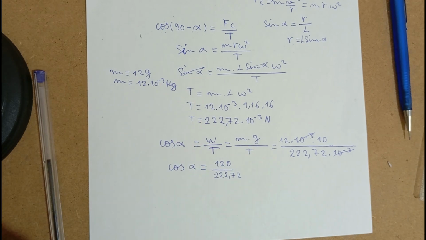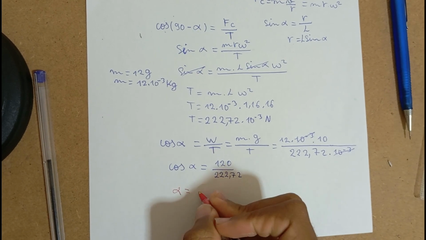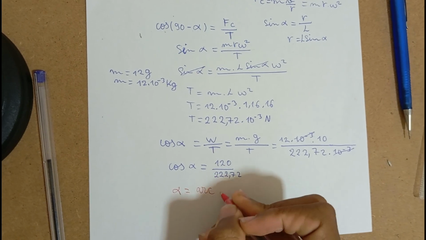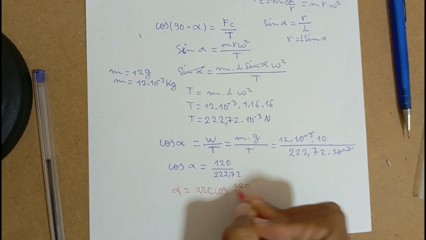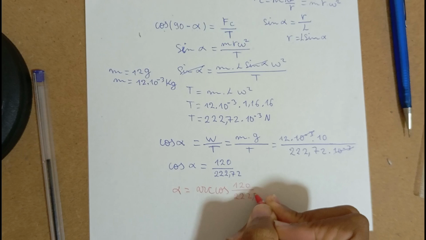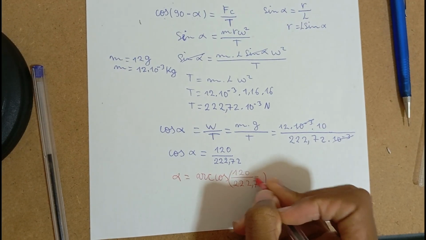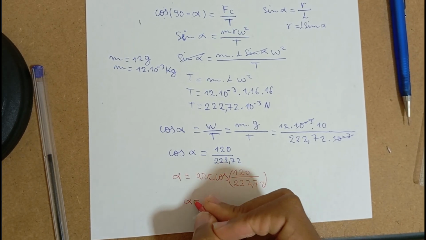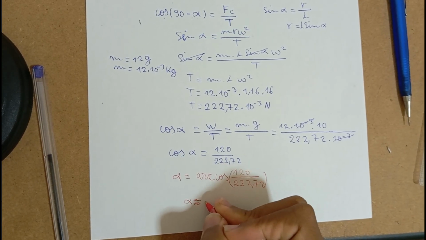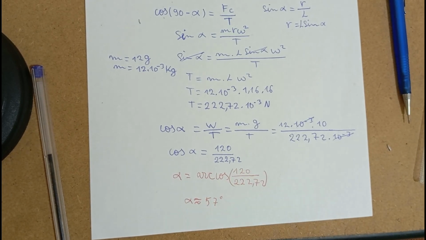You can take its inverse, so I can say that alpha is the arc cosine of this. Just put it in your calculator and then you'll get approximately 57 degrees. So that is the bottom line here.